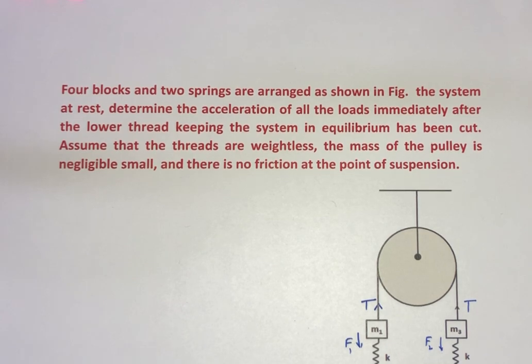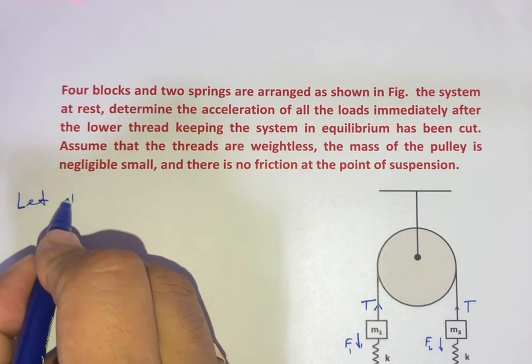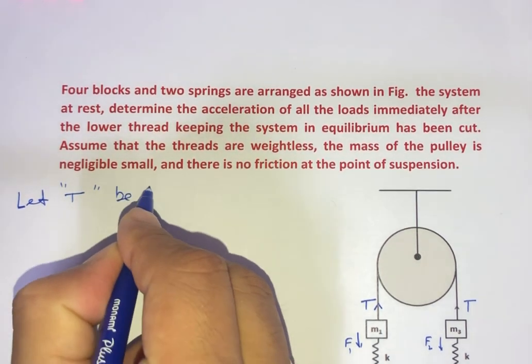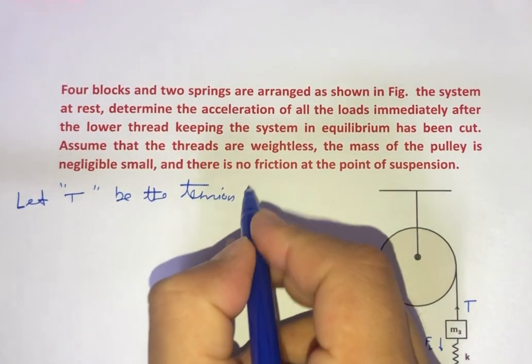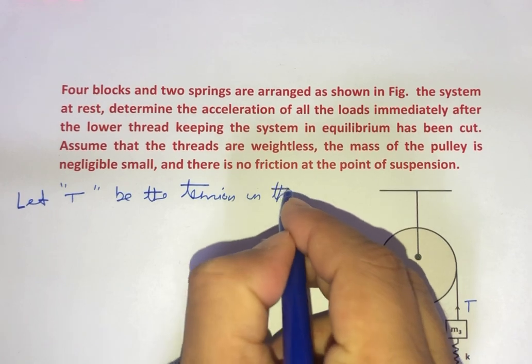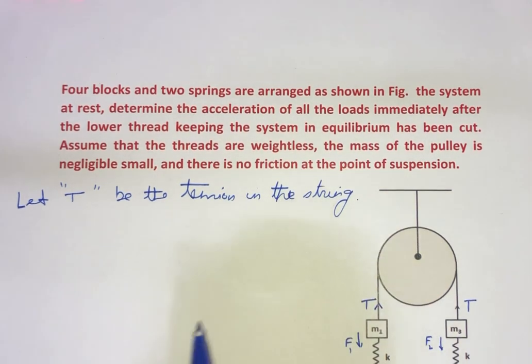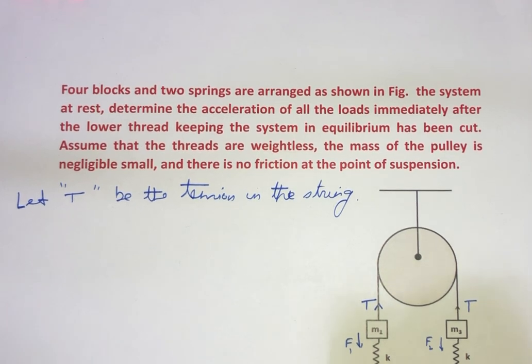So you can say that let T be the tension in the string, and let us call this spring 1 and this spring 2.